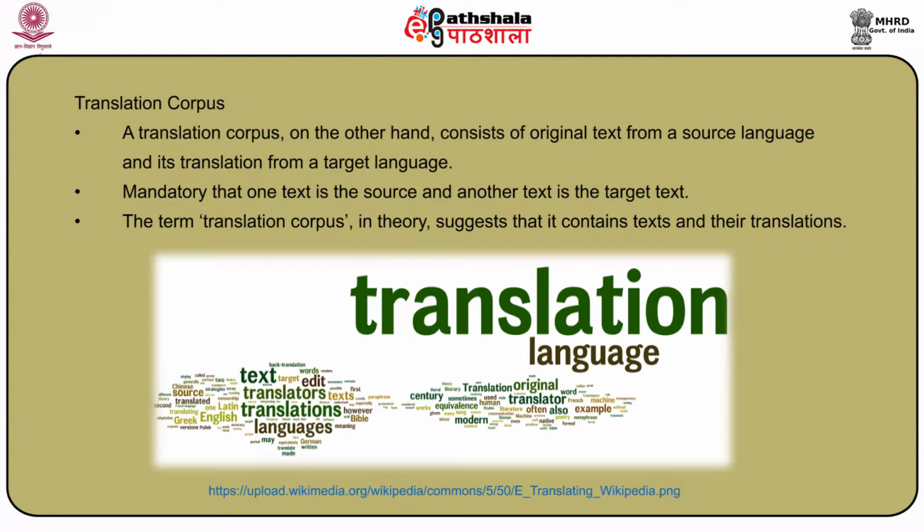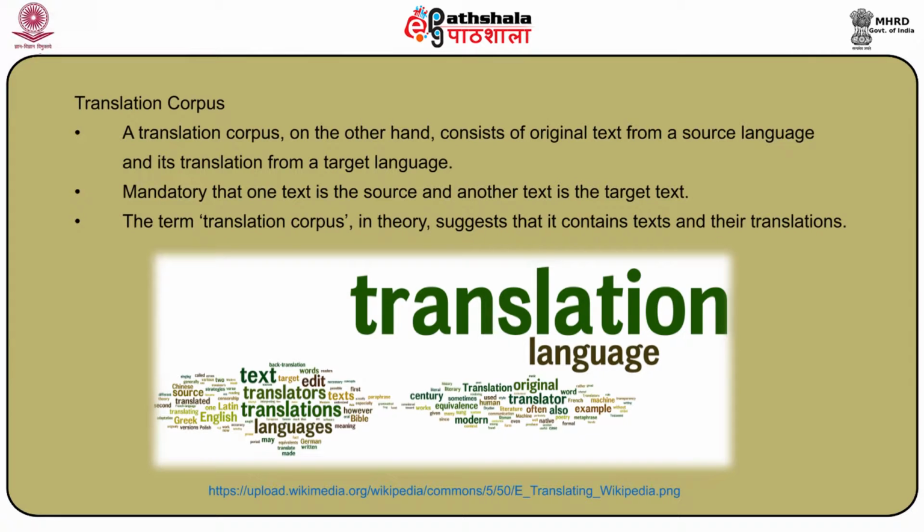Translation corpus is a slightly extended version of parallel corpus. As you say, a translation corpus consists of original texts from the source language and their translation in the target language.